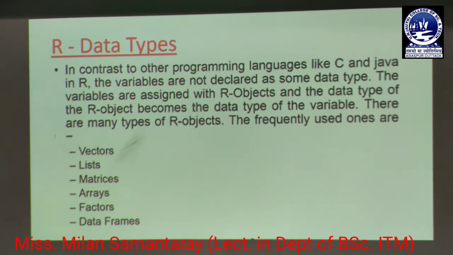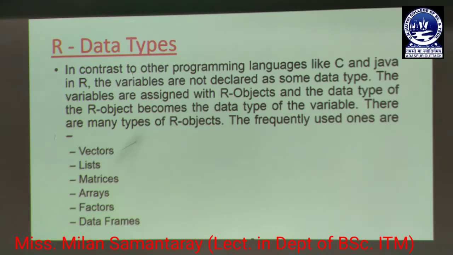Like C, C++, Java, or any other programming language, we are using data types like integer, character, floating point, and arrays. And here also we use some data types like that.